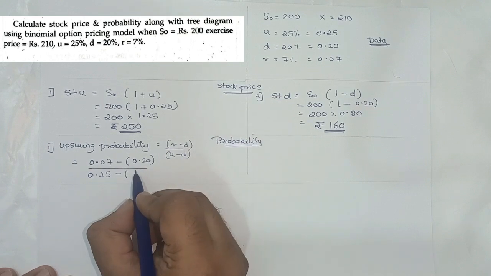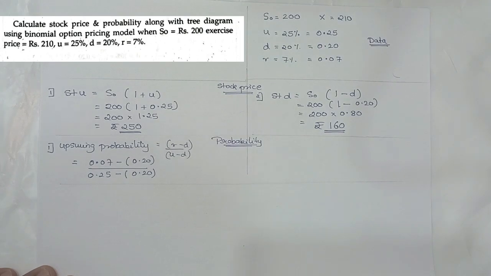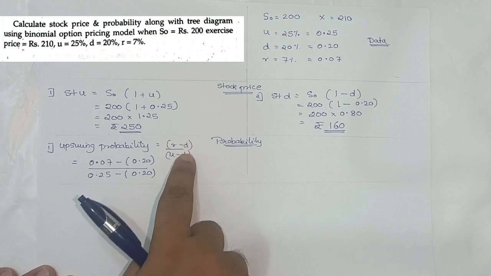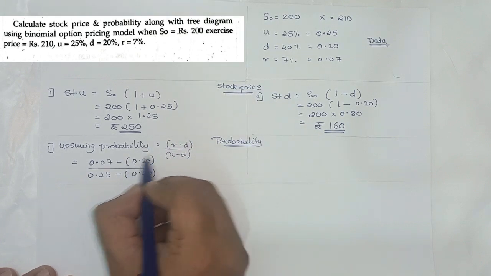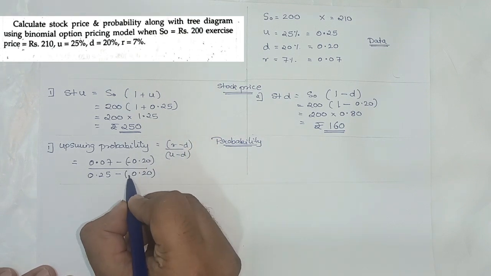the downswing, which was 0.20. Now remember, this is the most crucial part, okay? Since there is a downfall, it is already a negative value. D is always negative since it's a downfall value, so we will put negative and negative.